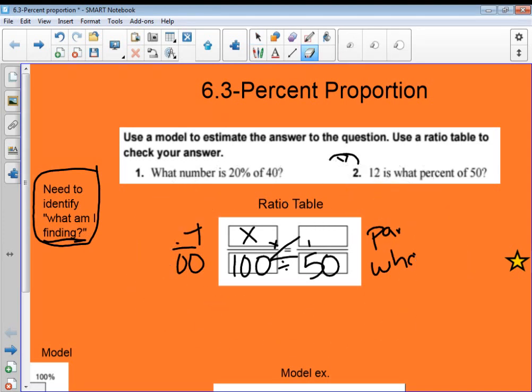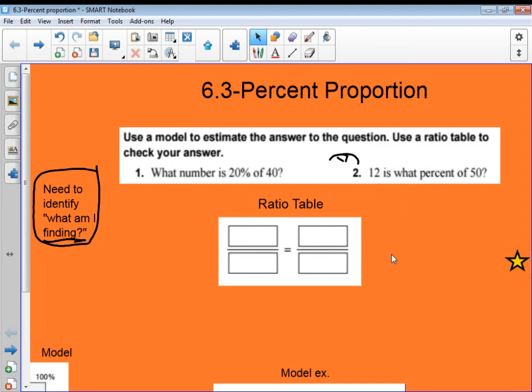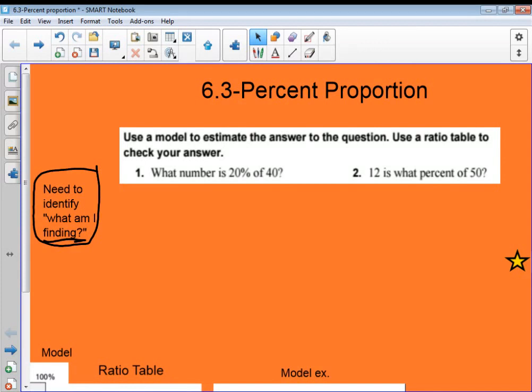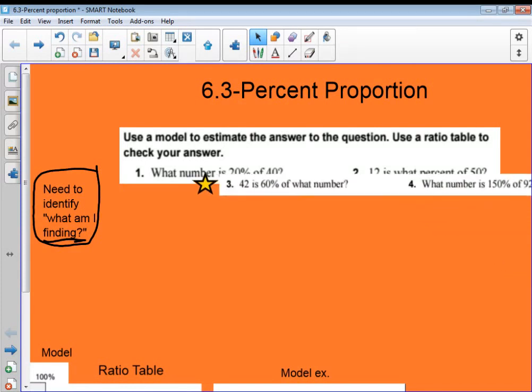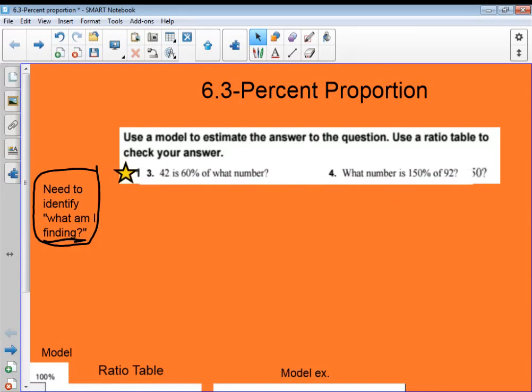Right. And it is also very important how I knew, so my "of 50," I knew that would be my whole, and this "what percent" told me that I was trying to find percents. Hopefully you picked that up also. Okay, we'll bring out our next set of questions.